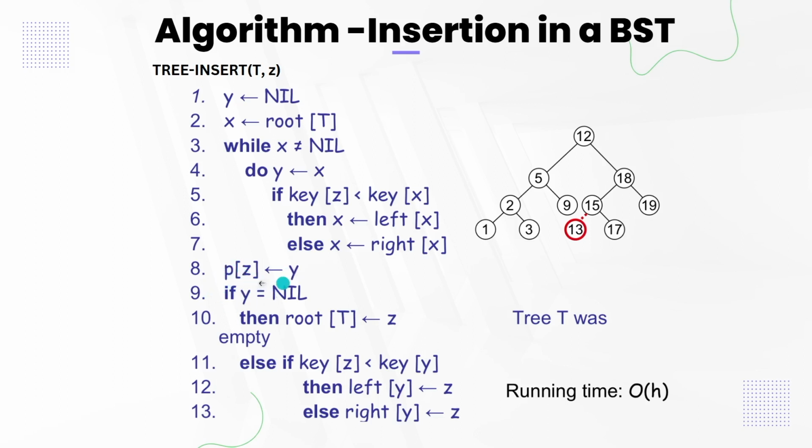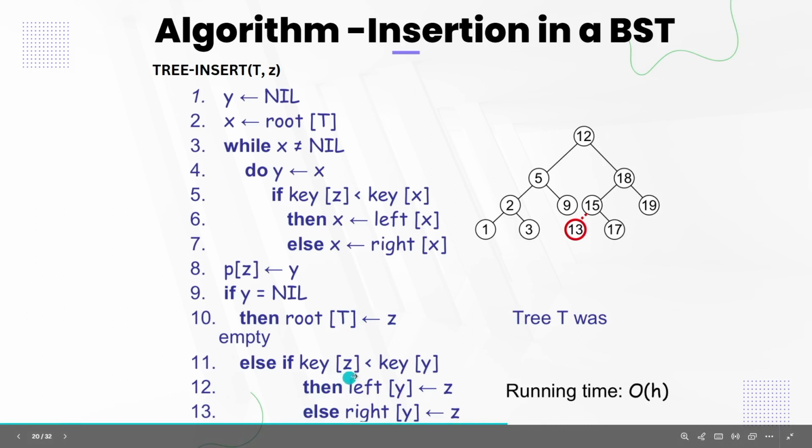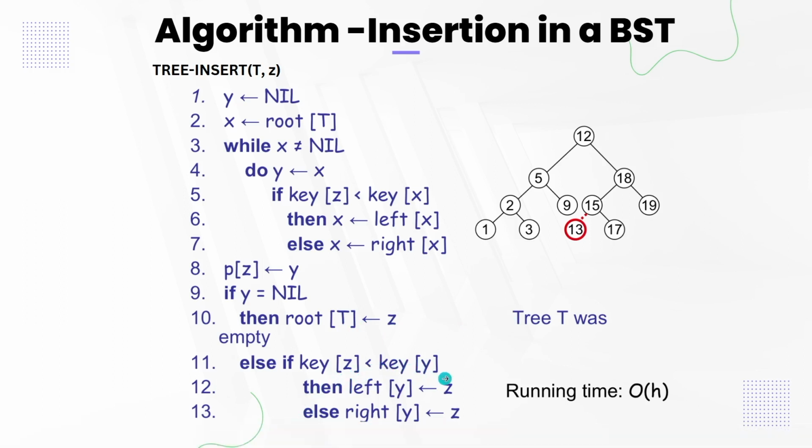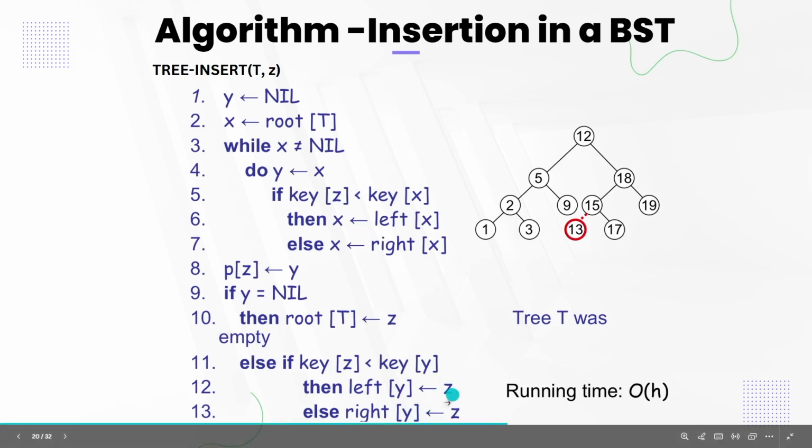For doing that we have this statement, and if y is null, then z should replace the root of t, which means the tree is actually empty. Else if key of z is less than key of y, in that case we search along the left subtree, and otherwise we search along the right subtree.